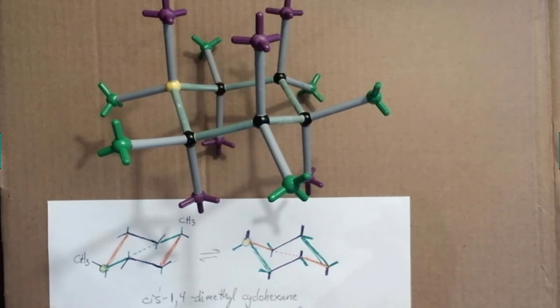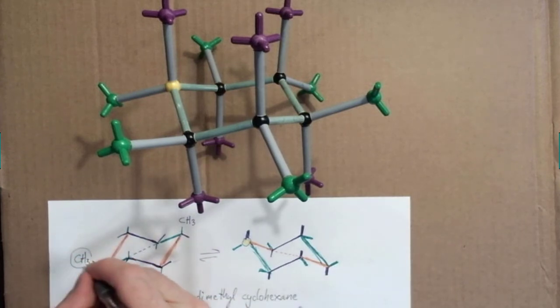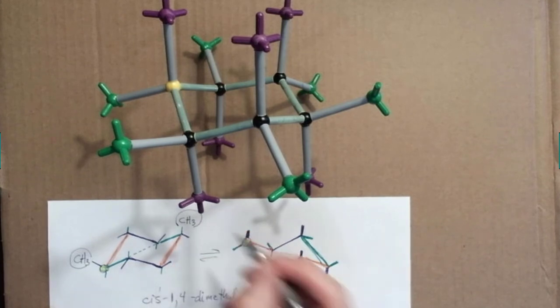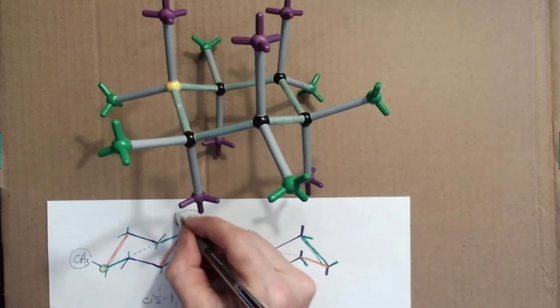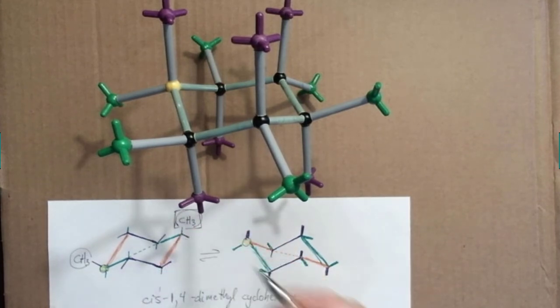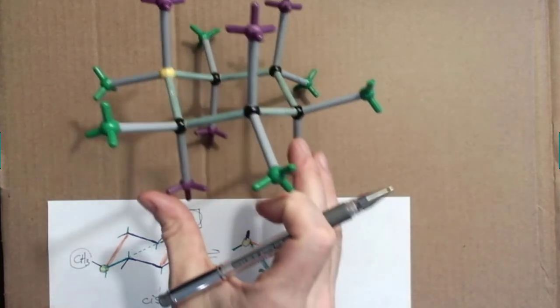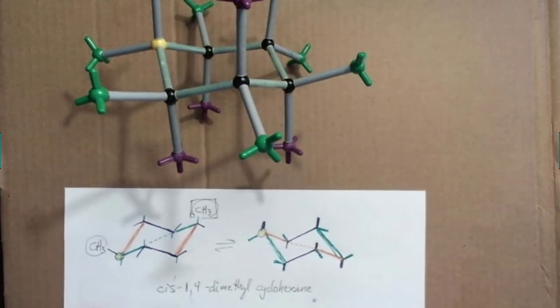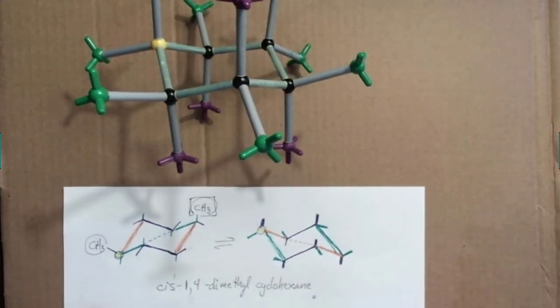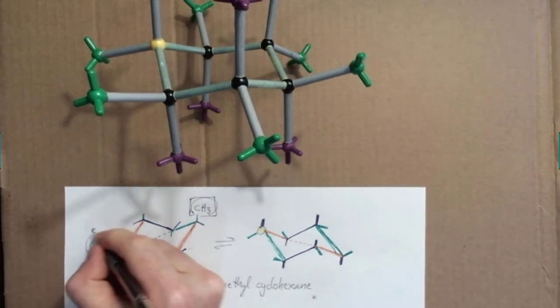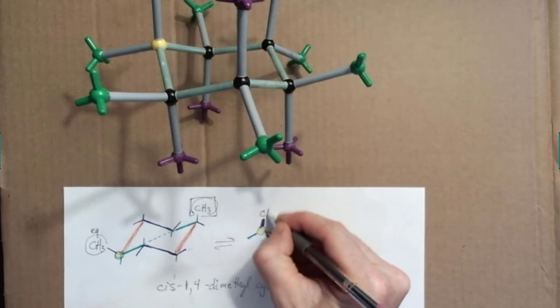Now, if we switch, notice that what's up stays up. So both of these still need to stay up. Let me box this one instead. They still need to stay on their respective carbon atoms. But when we do the ring inversion, they're going to go from, in this case, equatorial to axial.